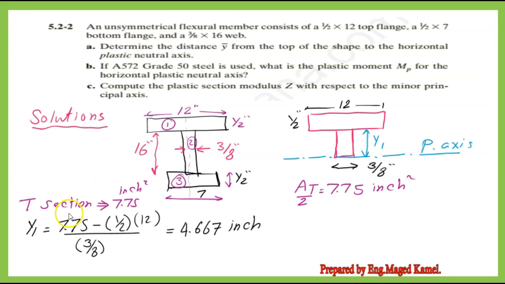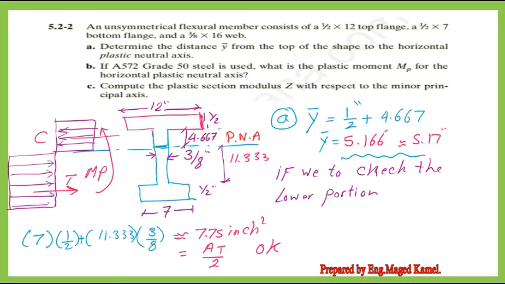We can find the y1 value by equating the difference between A total over 2 minus the upper flange area by the product of 3/8 y1. The value of y1 is equal to 4.667 inches.